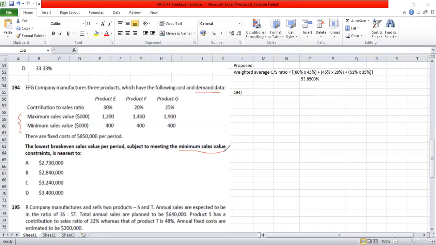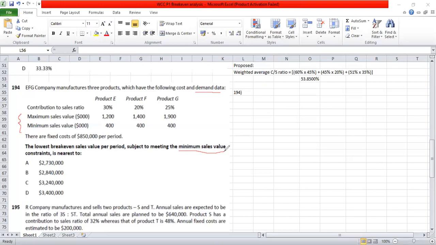See, the constraint is not allowing the firm to take decisions to maximize the profitability. If something is hindering the company from achieving its objective, then we call that a constraint. Here also, they say that there is a minimum sales value, there is a minimum demand.